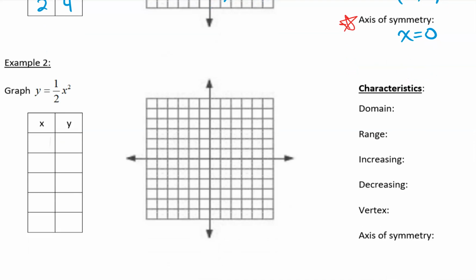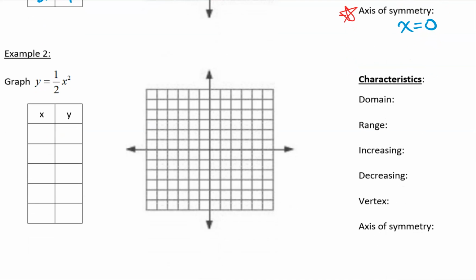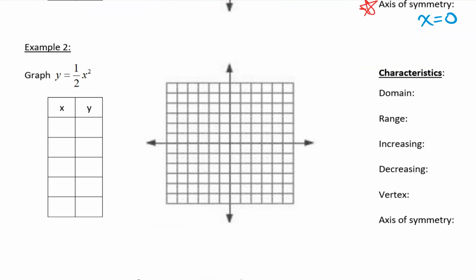All right, our next example, we have an a value of 1/2. So we know that that 1/2 means that it's a vertical, is it a shrink or a stretch? It's a shrink. We know that fraction values give us a shrink, and then large values make it a vertical stretch.